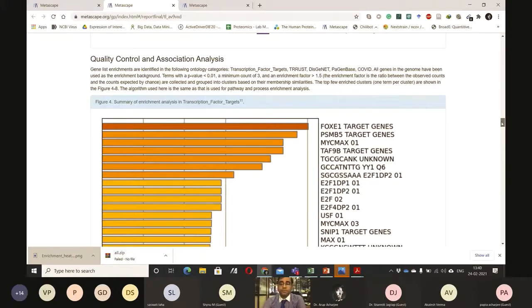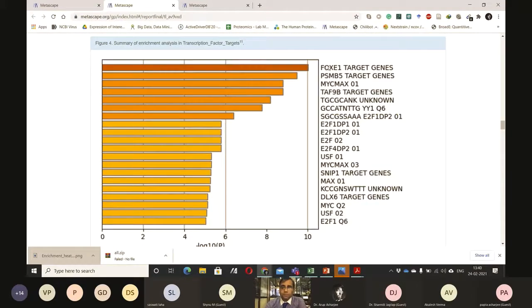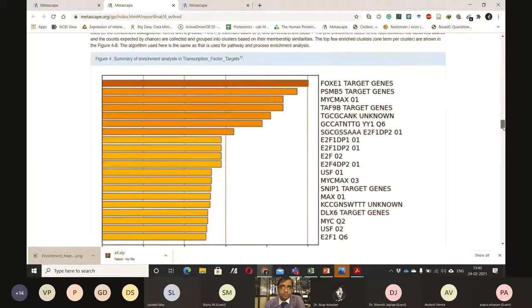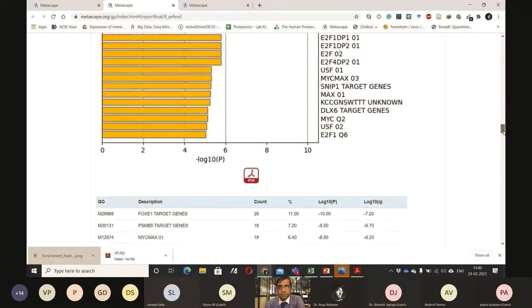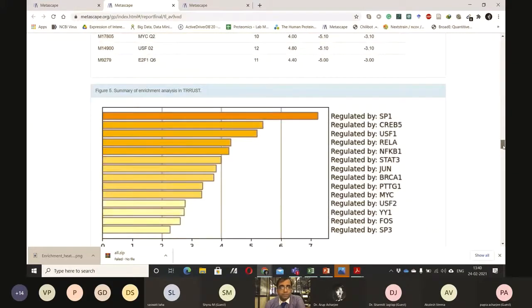So these are the transcription factors and how many proteins or genes rather were the target of these transcription factors. If you want to understand the transcription factor biology of the proteome you are studying, then this tool is very important. So you will always know these are the specific transcription factors and how the genes were upregulated based on these transcription factors.